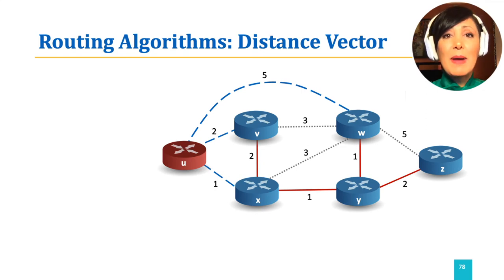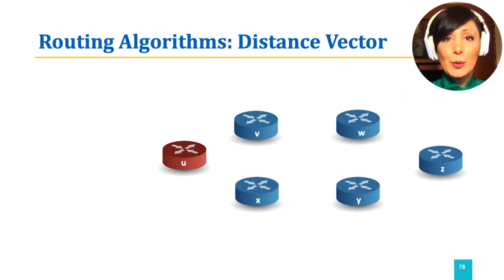Suppose we want to find a path from node U to node Z in the depicted network. The direct neighbors of node U are V, X, and W. So, node U starts with what it has, which is the link costs to its neighbors V, X, and W. That would be starting with cost of U and X of 1, cost of U and V of 2, and cost of U and W of 5.